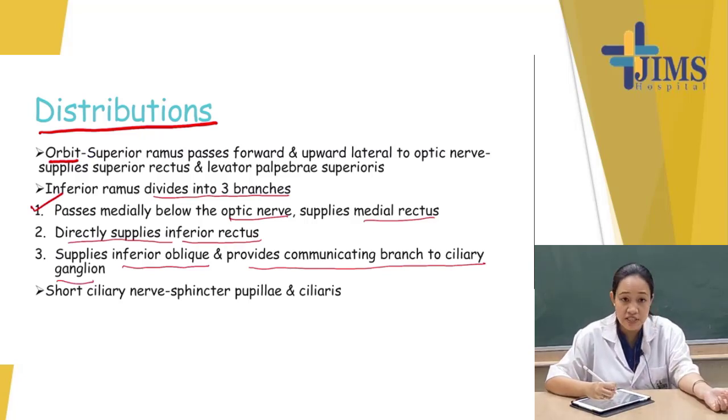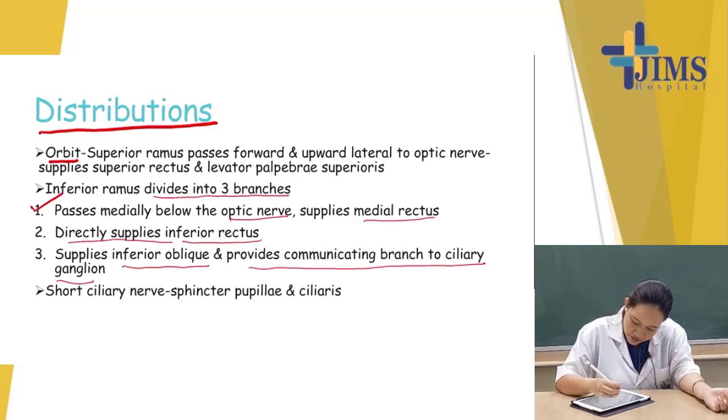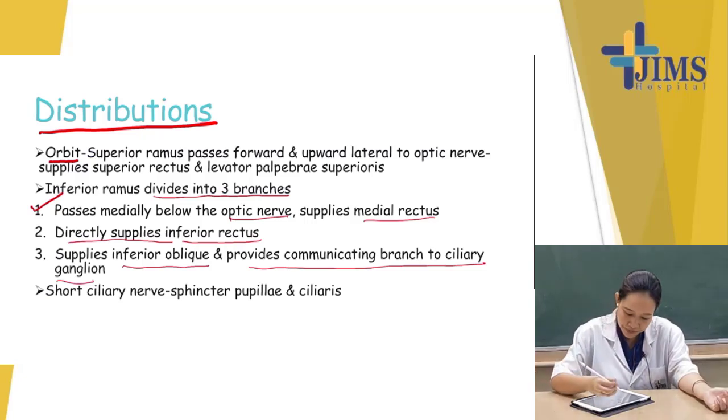So, first we will see about the superior ramus. This passes anteriorly forward and supplies the levator palpebrae superioris and the superior rectus.